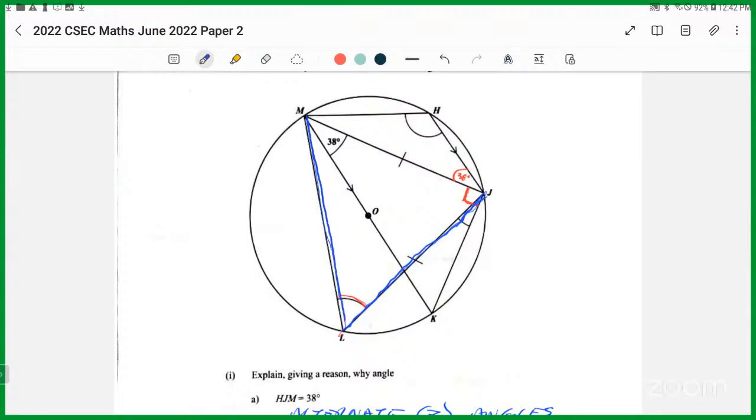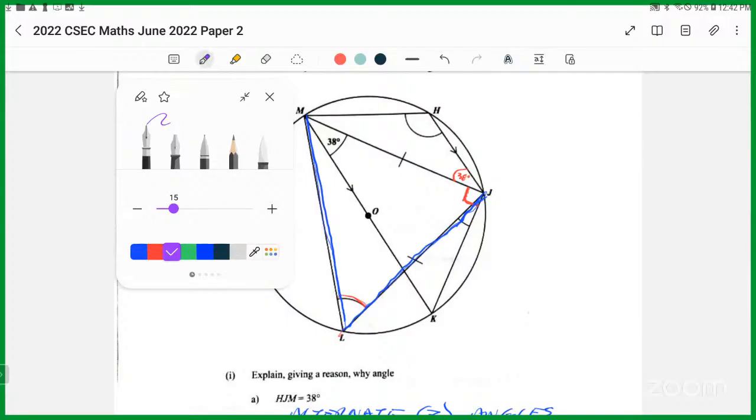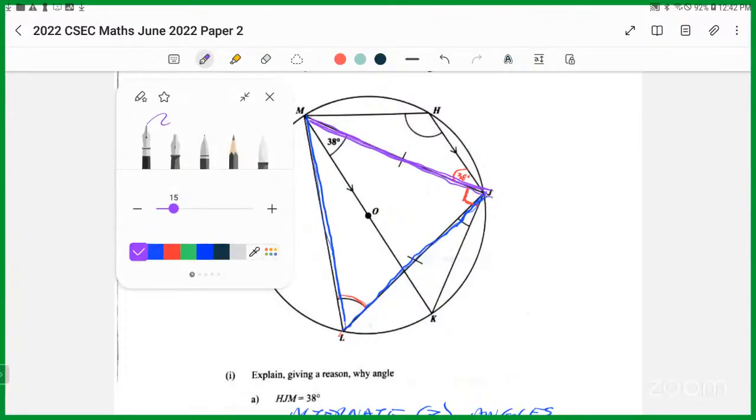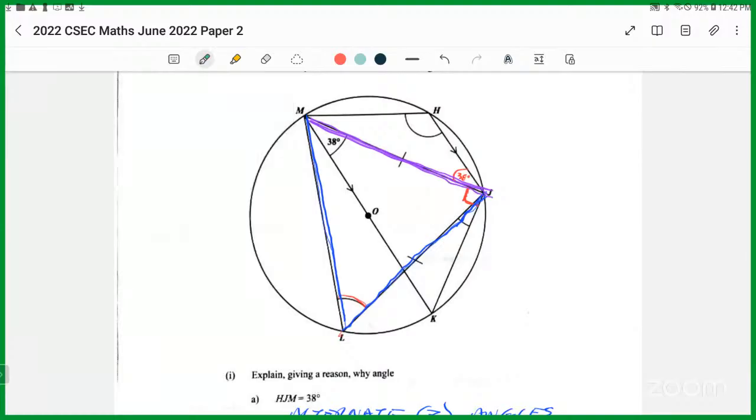It is subtended from these two points by this chord. What else is the chord doing? It's also subtending this angle up here. Same chord. Let me put the chord in a different color. So the chord that is subtending the angle that we want is this one. And that same chord is subtending, in a different color, this angle up here.